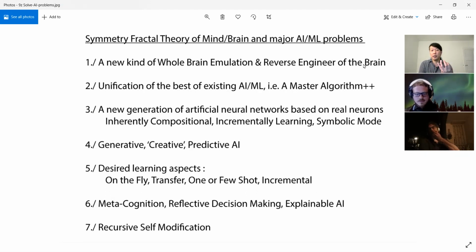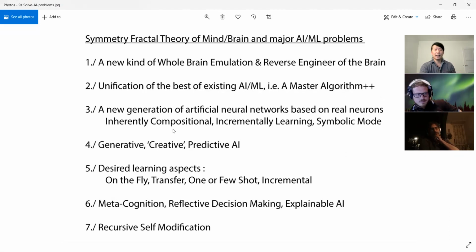What we try to do, point one, is try to understand the brain, to do a new kind of whole brain emulation and to reverse engineer the brain. But what I'm saying is through understanding these neural mechanisms, understanding how neurons actually work, the answers to the biggest questions in AI pop out of this new understanding. So we described earlier, point two, the unification of some of the central ideas of artificial intelligence and machine learning, a kind of master algorithm, plus. That's quite geeky, isn't it?